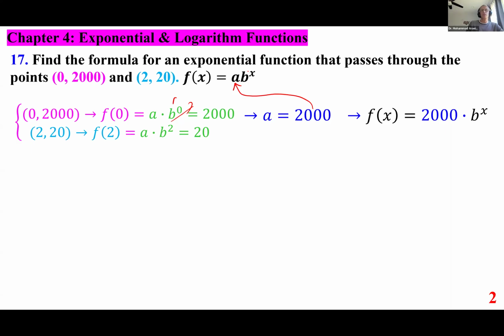Now, f of 2 is a b squared, which is equal to 20. So we are going to put 2 in here, and we know the answer is 20. So 2000 b squared is 20.